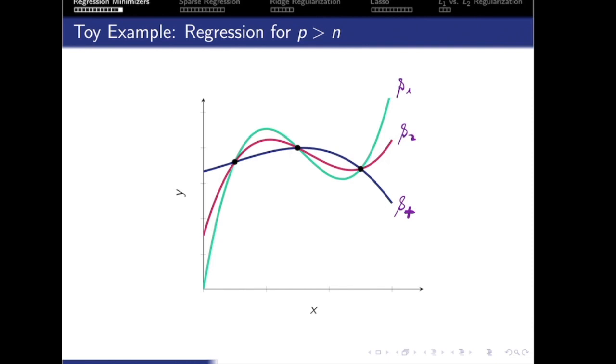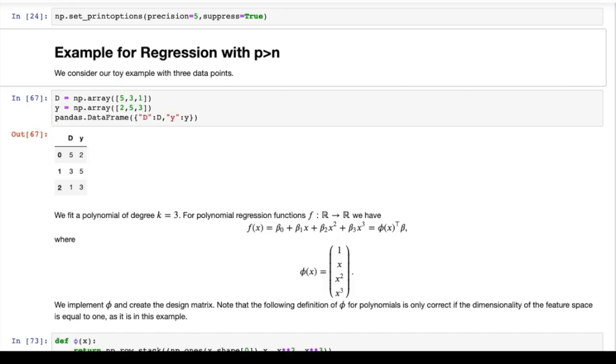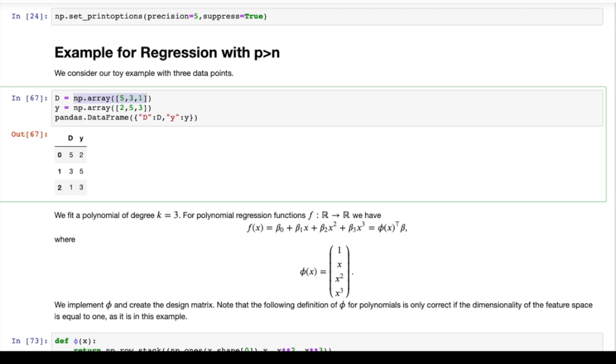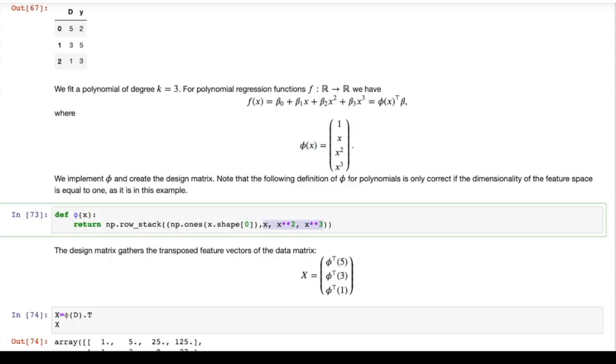Because this was a bit abstract, I wanted to show you how that goes in practice. So we have here our absolutely nuts data set, it's far too small, but it's a good toy example. Now we want to fit our polynomial of degree k, so this is our function phi of x, and we implement phi of x here.